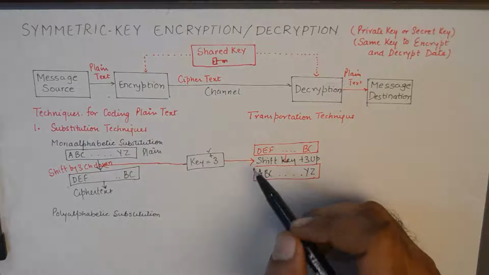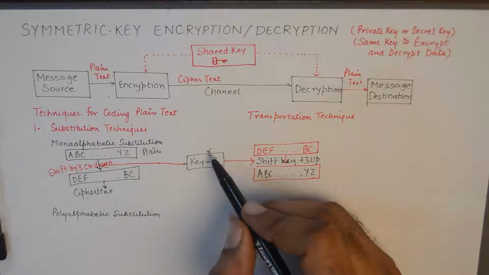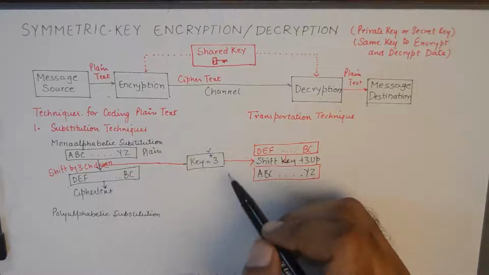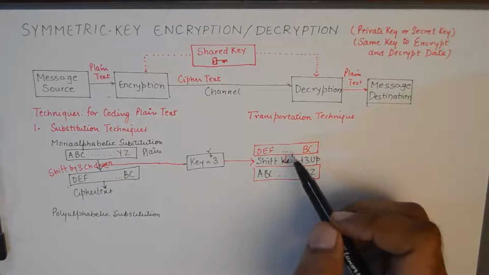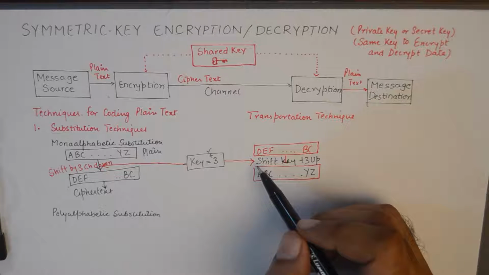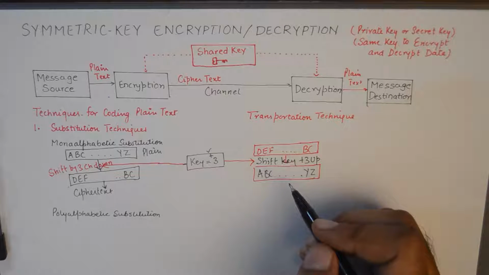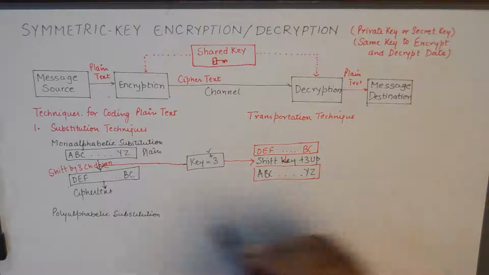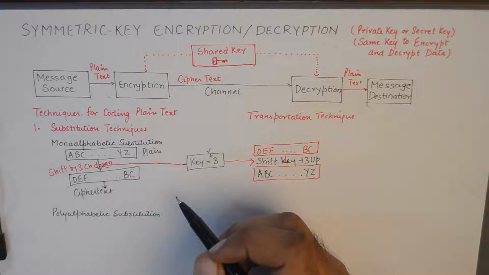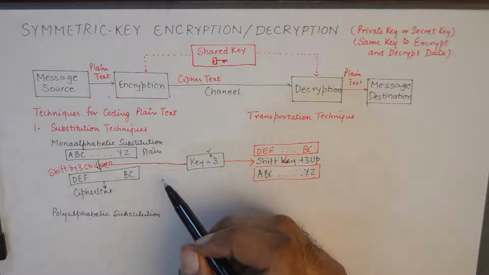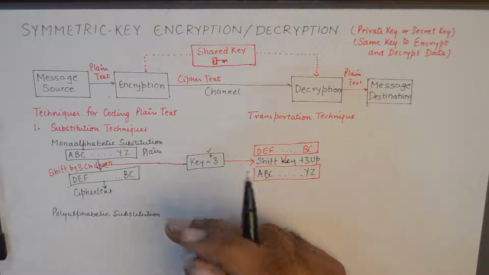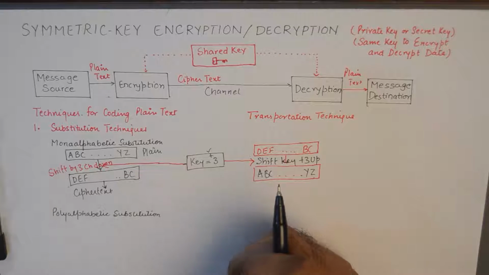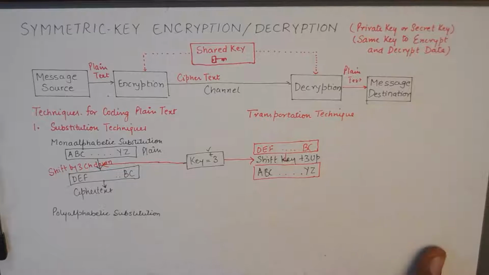So any trusted receiver would also be sent the information about this key, so that whatever it receives, it should perform the same function but in the opposite direction as performed by the transmitter. That is how this monoalphabetic substitution technique takes place, where we substitute one symbol with the other, but the substitution of the symbols is pretty uniform.